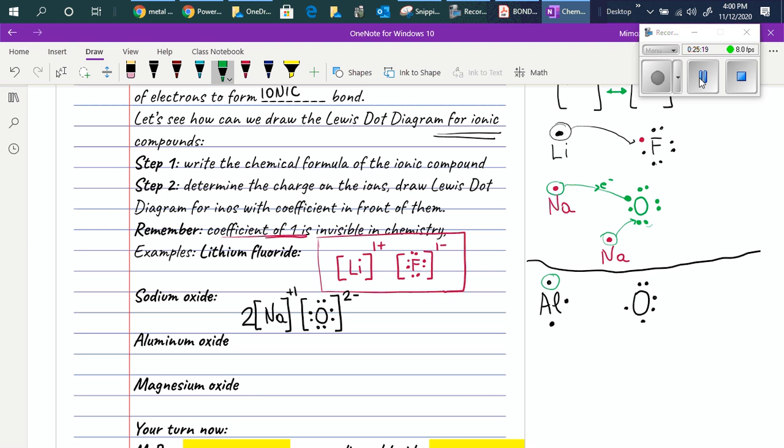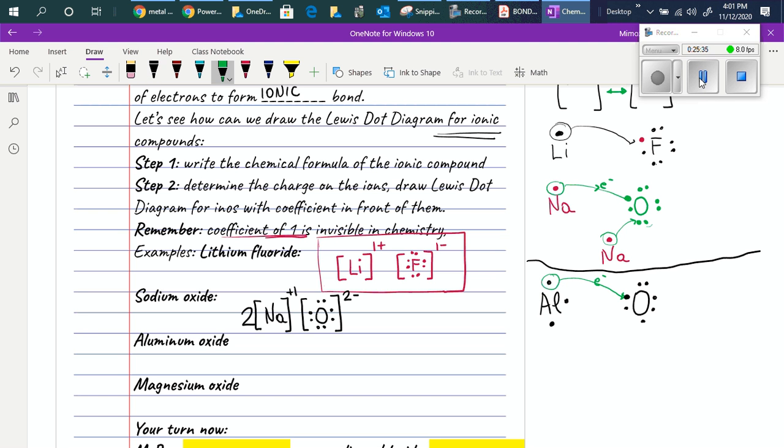One electron of the aluminum is moving to complete the bonding electron of oxygen.